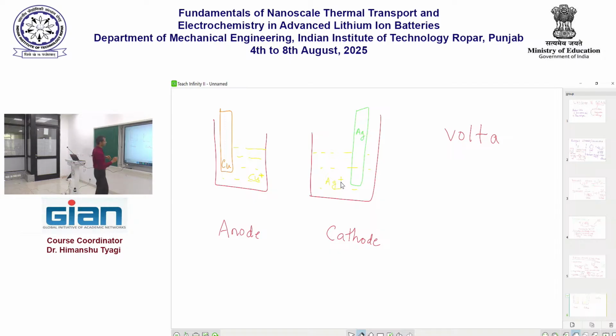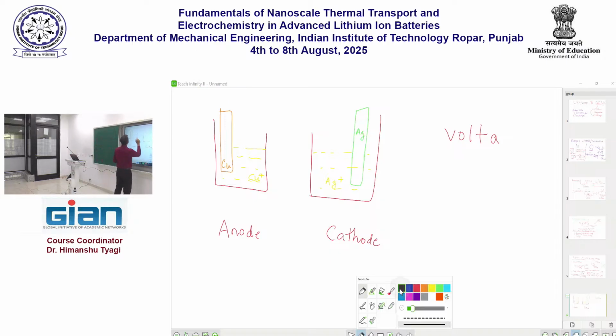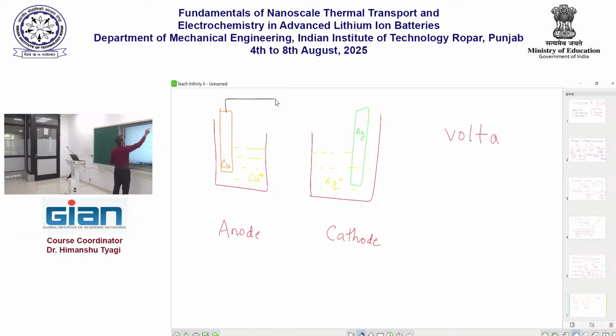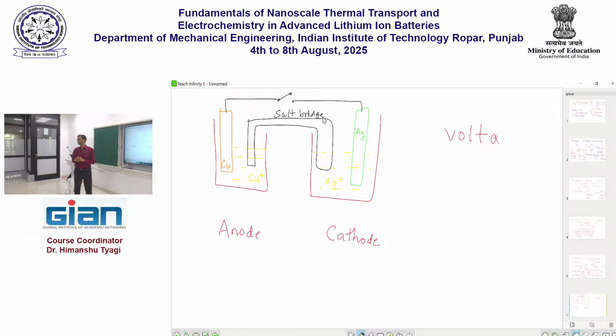If I connect these two externally through a wire and a switch, and if I provide what is known as a salt bridge, then what will happen on the anode side is that this copper will produce copper 2 plus and 2 electrons.